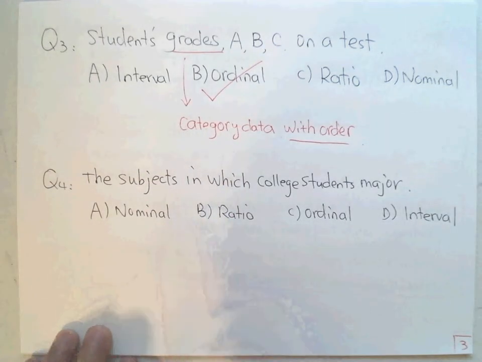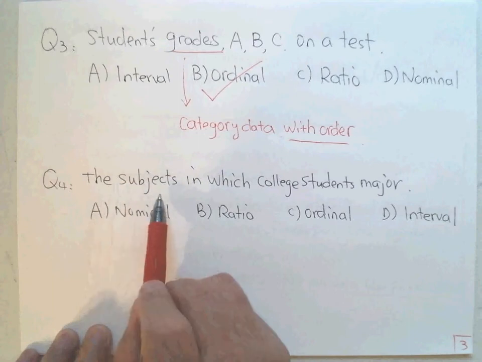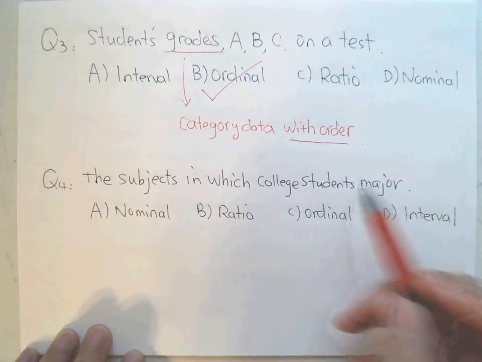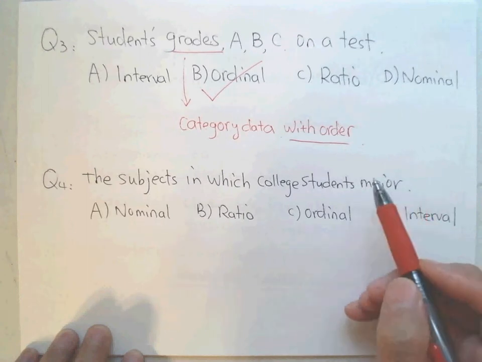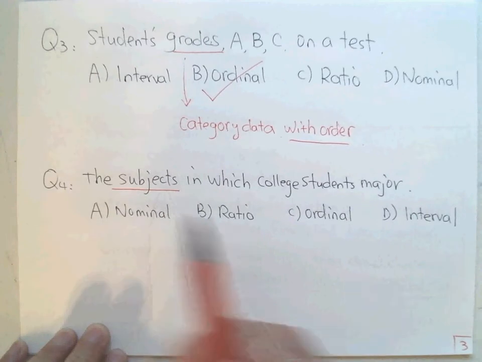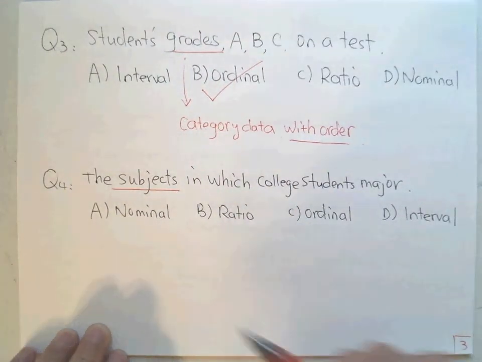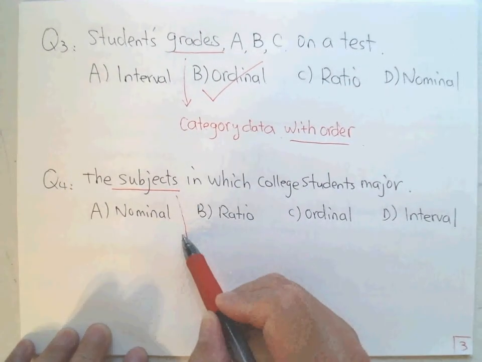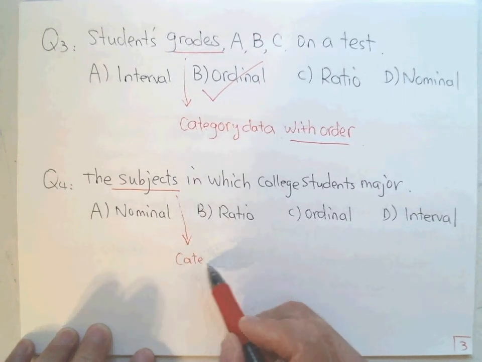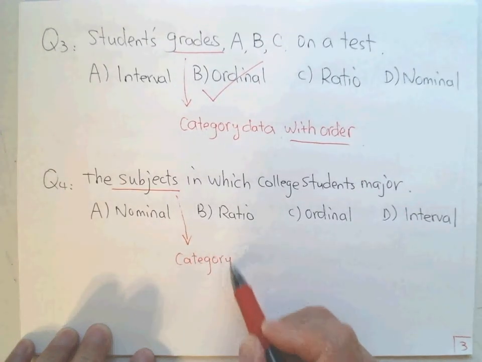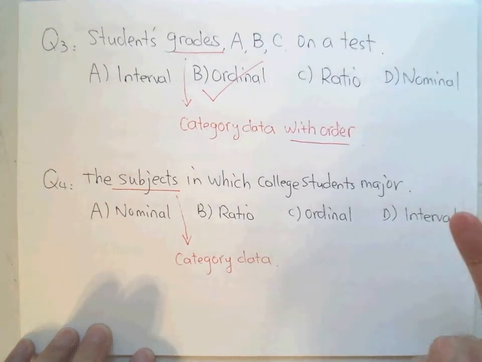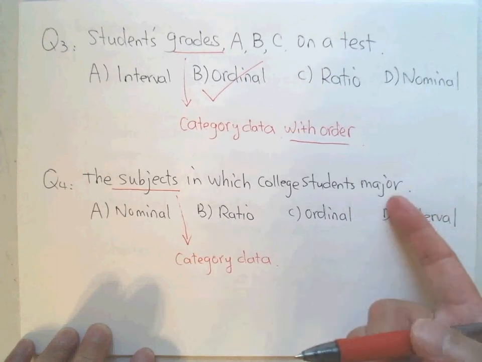Now question number 4: the subjects in which college students major, like English, math, physics. Subjects are not numerical. Math and English are not numerical, so it's category data. Is it with order or without order?